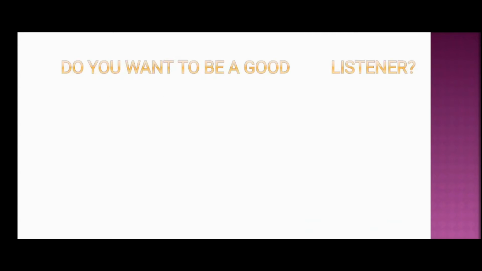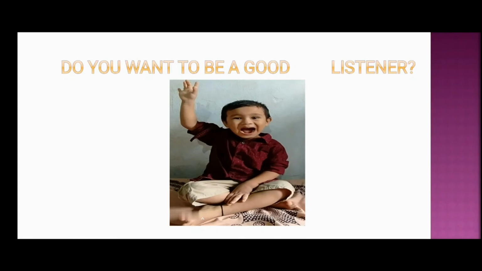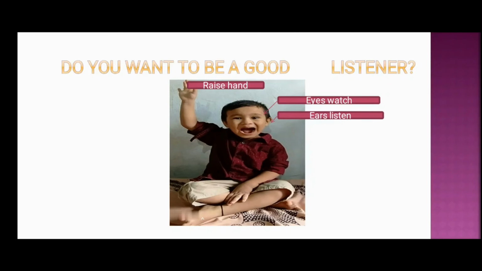Then, if you want to be a good listener, you have to follow some rules. Always raise your hand to talk with the speaker. Eyes should watch and ears should listen to the speaker. Mouths should wait to talk.